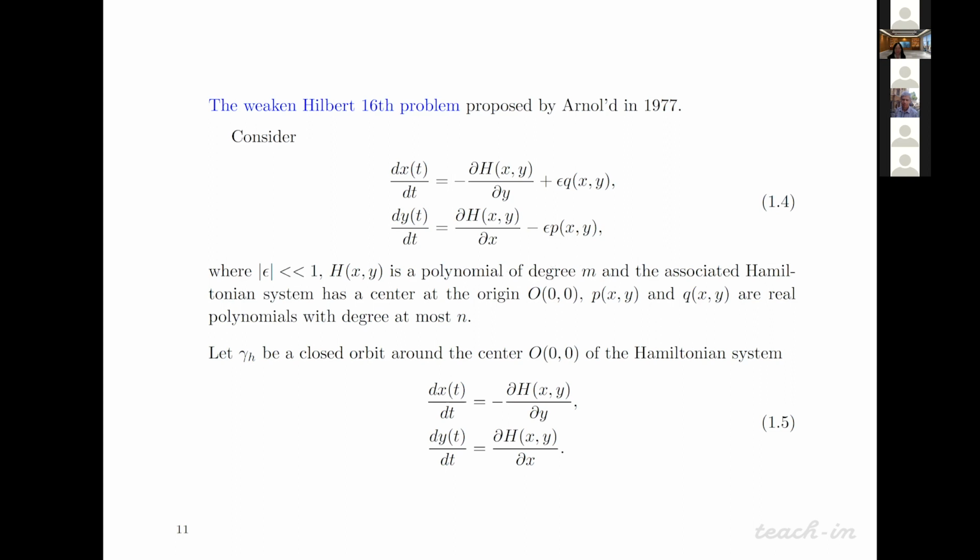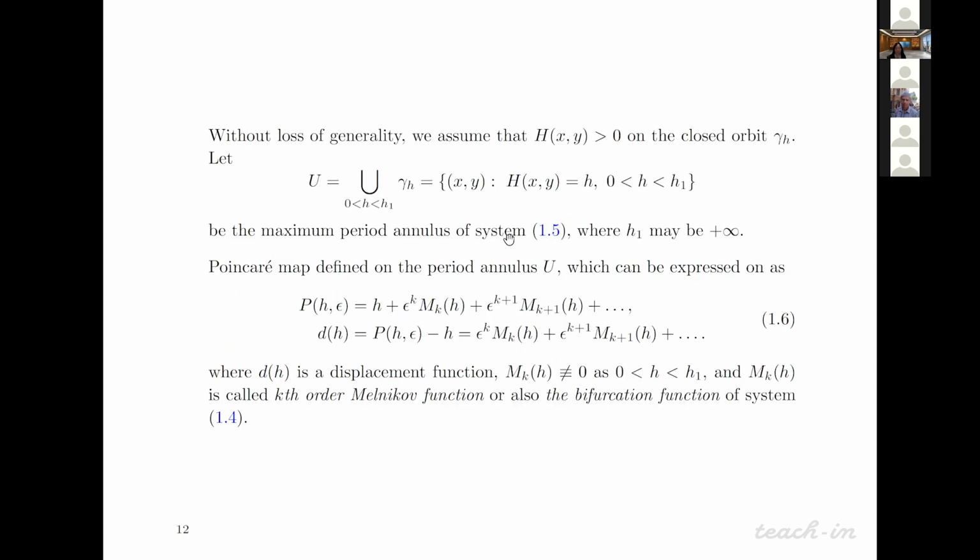He considered this Hamiltonian system plus a small perturbation. If epsilon equals 0, this Hamiltonian system has a center, so you can get the period annulus. If we let gamma h be a closed orbit around the center, you can define the Poincare map P(h, epsilon) this way, and the displacement function d(h) is P(h, epsilon) minus h.